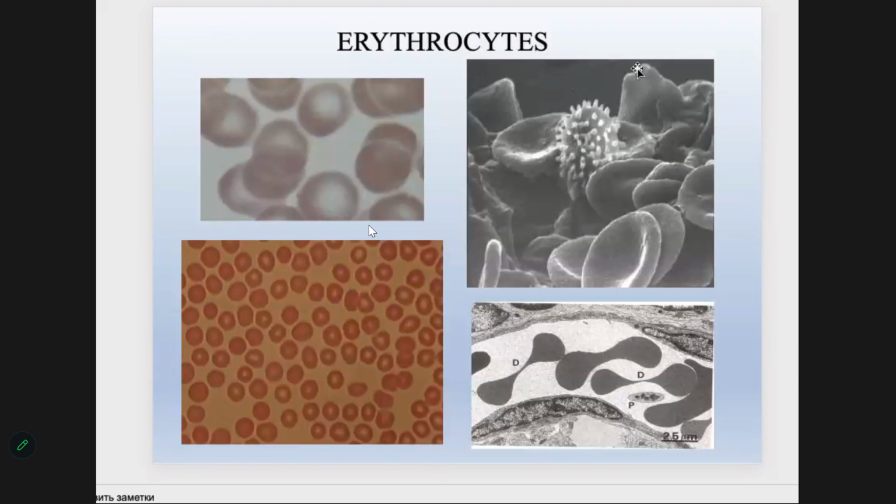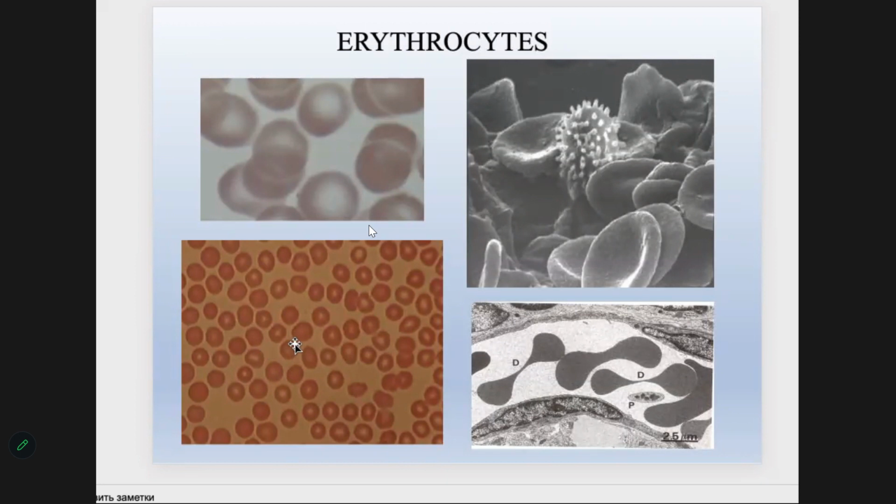Look at this illustration also. Look at this electron micrograph. Most erythrocytes have a biconcave shape. This shape is named disc-shaped. The central part of erythrocytes is thinner than the peripheral portions.